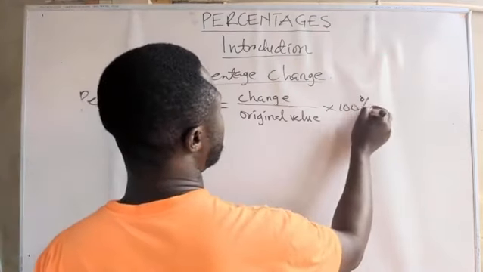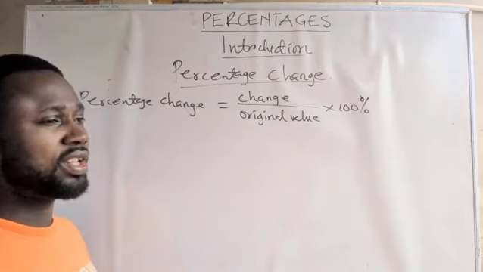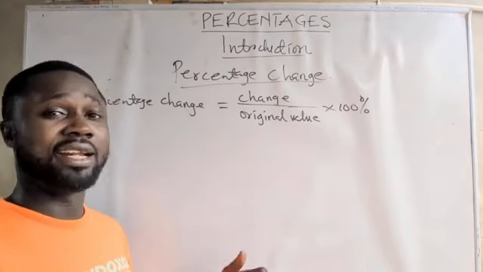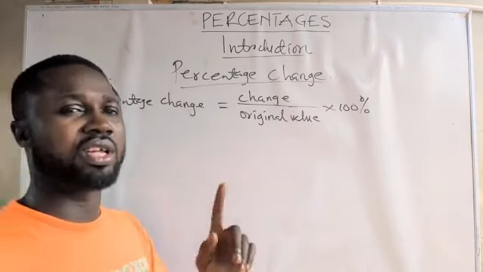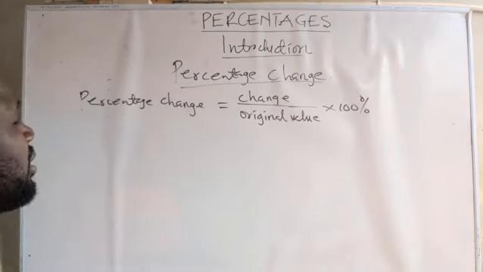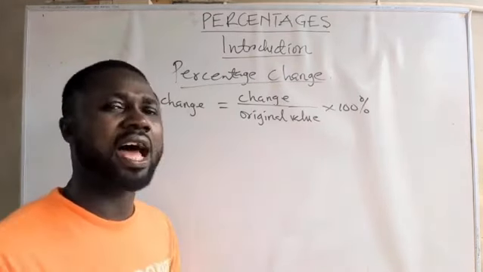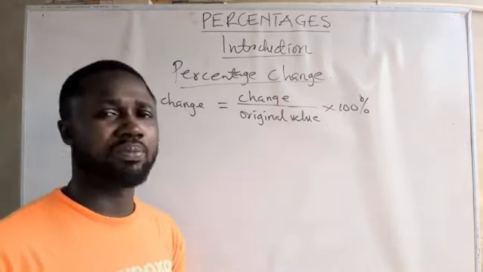And what is the change? The change is the difference between the two values. Definitely, if there is change, either there will be increase or decrease. Then we divide by the original, the actual value before there was an increase, and multiply by 100.